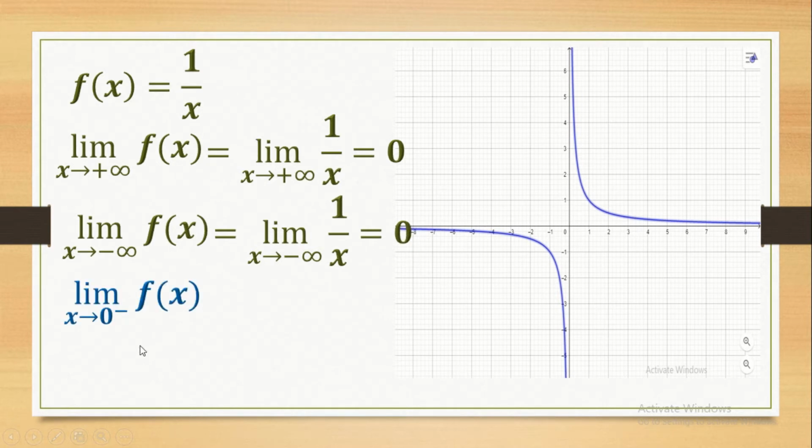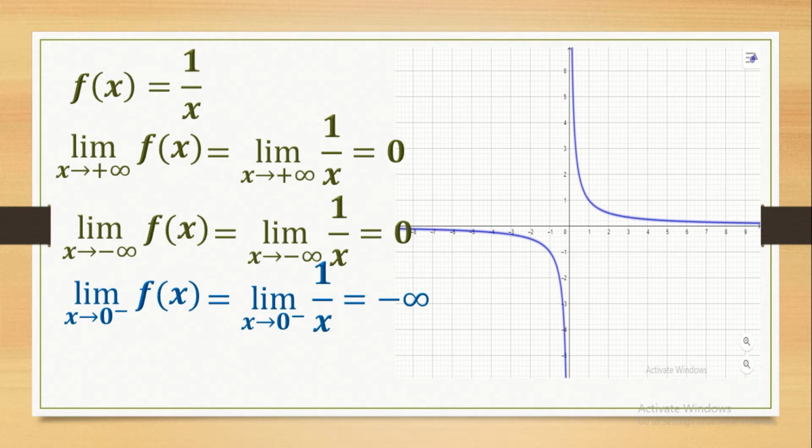What happens if x tends to 0 minus? If we have, for example, x is minus 0.01. Here we say x tends to 0 minus. Why? It tends to 0 and it's still negative. It's less than 0 a little bit, minus 0.01. Then 1 over x will be minus 100. It will increase, but in the negative sense, so it tends to minus infinity.